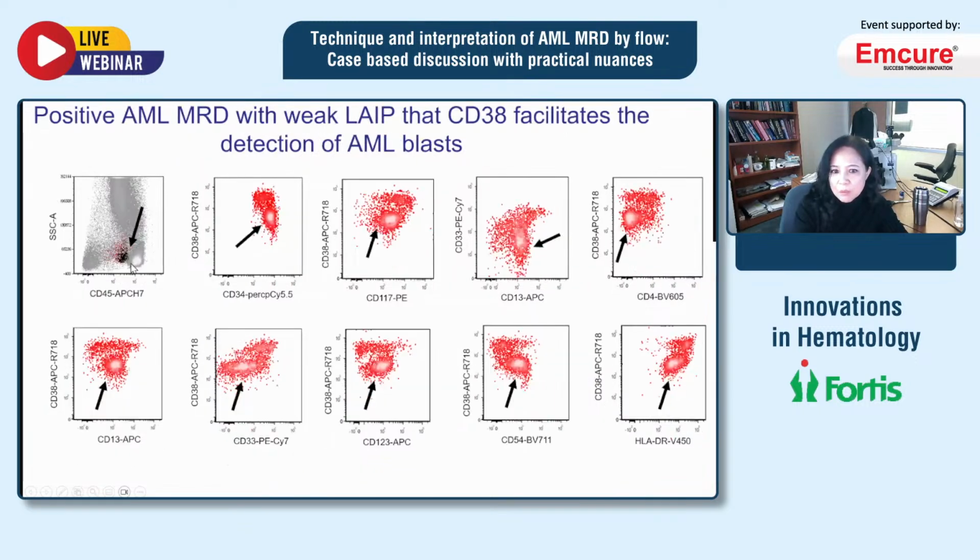So this is one case that is very similar to the early regenerating cells, but however, you look at CD38, you have no problem to point out this is the abnormal population of blasts, right? So looking versus CD38 is very, very useful.